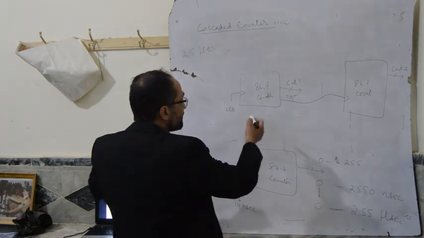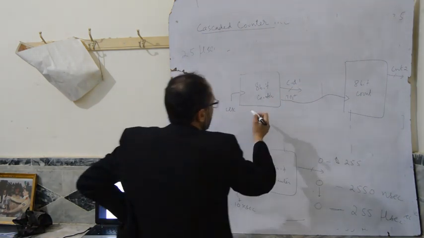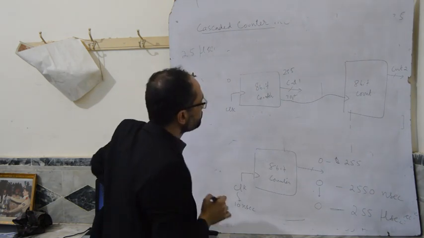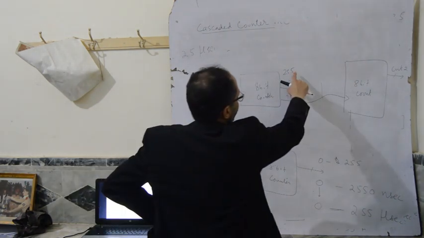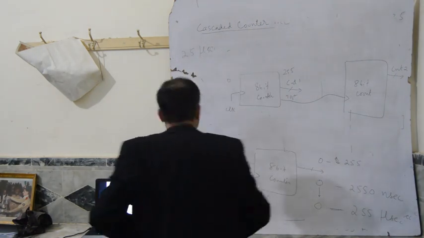So we can initialize the counter. This will count from 0 to 255. At this point, the top signal will be 1. So now we have a clock.